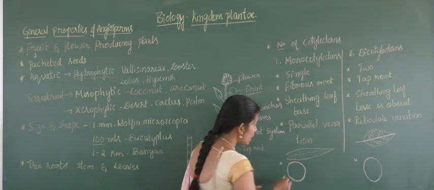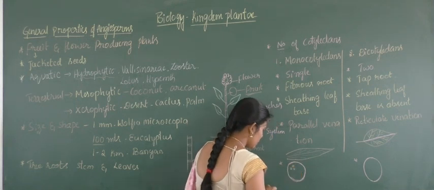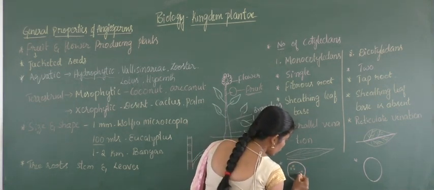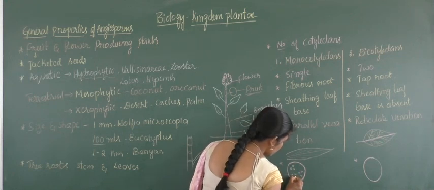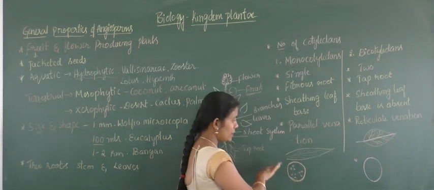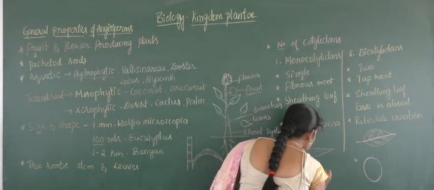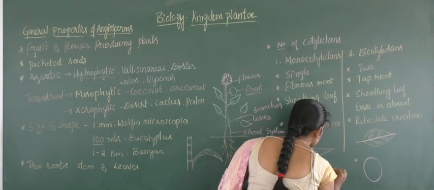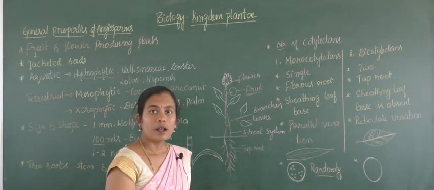Here the vascular bundles are arranged xylem, phloem, then again xylem, phloem. So that means these vascular bundles are arranged randomly. Right?